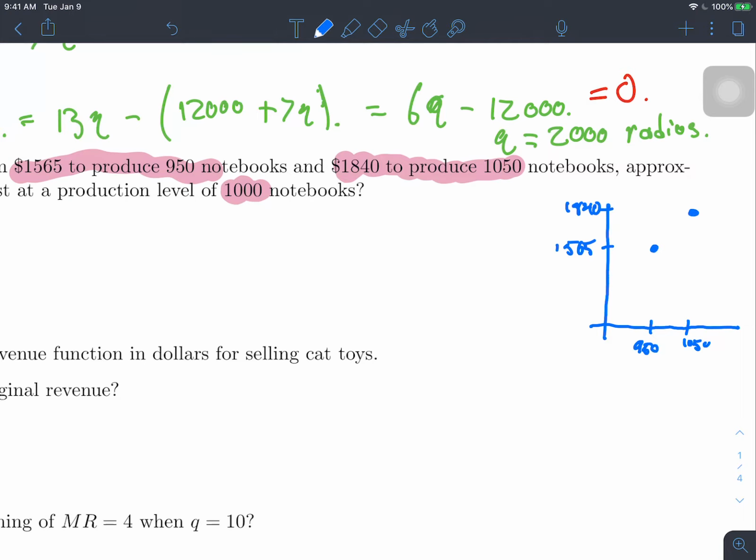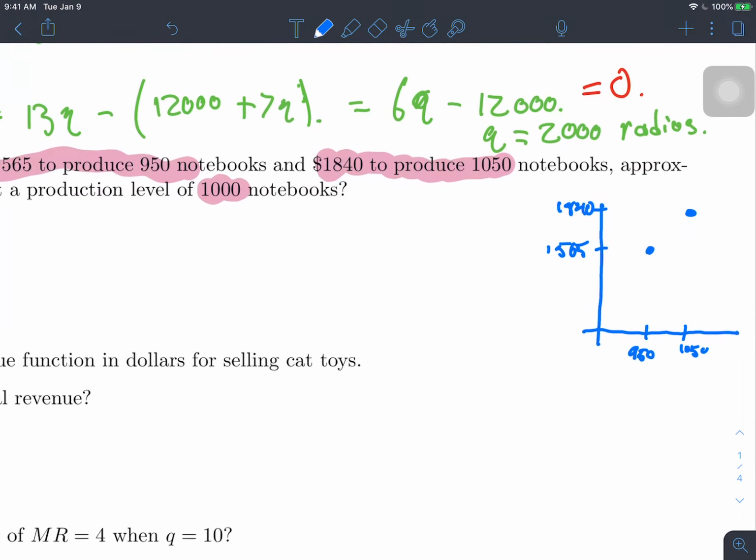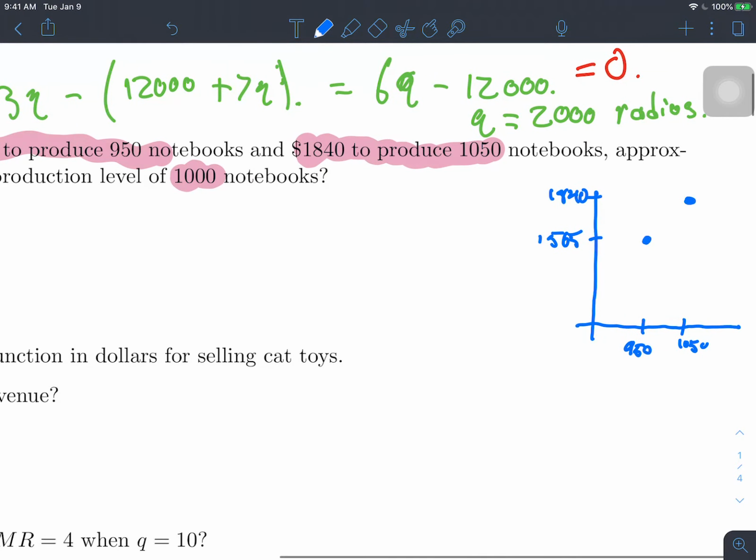We have just 2 data points. What they want us to do is estimate at this red point here. Presumably there's some kind of data point. We don't really know where it is. But we want to know what's the slope of the function at that data point. Okay. This could also be rephrased as saying find the slope of the tangent line to the graph of f at that data point.